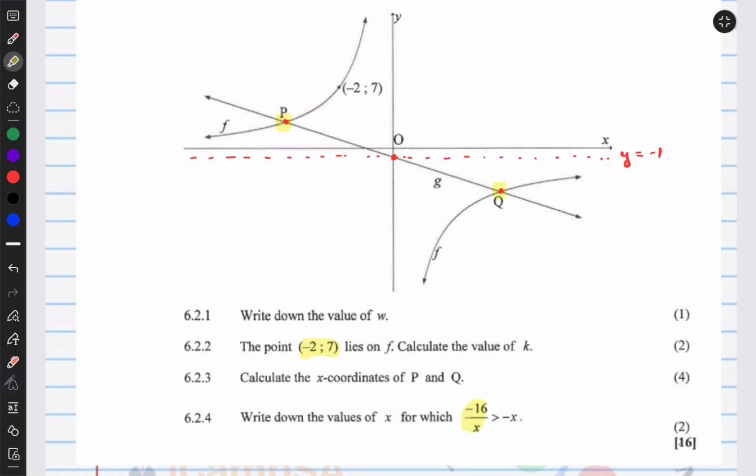It just has an asymptote at 0, and we are to find the values of x for which that function is greater than negative x.